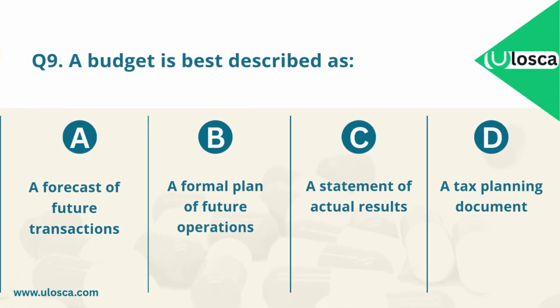Question 9. A budget is best described as A. A forecast of future transactions. B. A formal plan of future operations. C. A statement of actual results. D. A tax planning document. Which one is the correct answer?